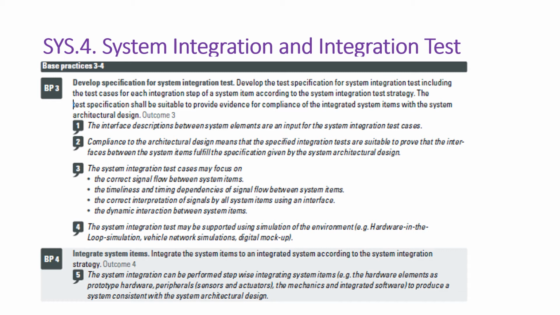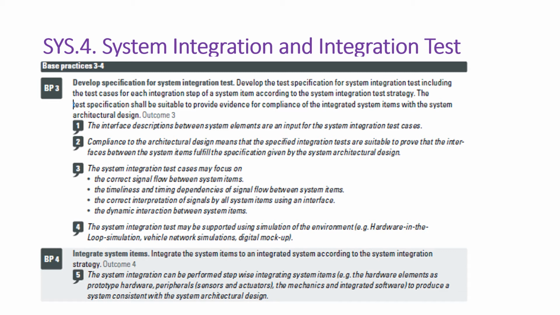The next thing is that the system integration test cases may focus on the correct signal flow between system items, the timelines and timing dependencies of signal flow between system items, the correct interpretation of the signals by all system items using an interface, and the dynamic interaction between system items. While defining the system architecture design, we came up with the dynamic behavior of the system, right?